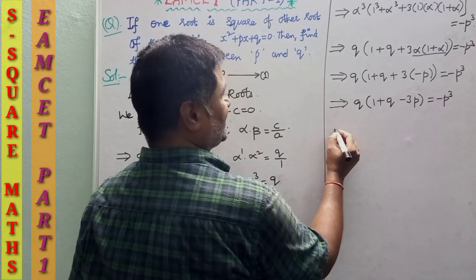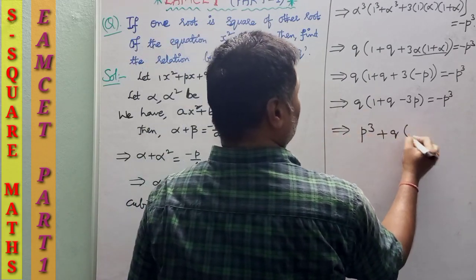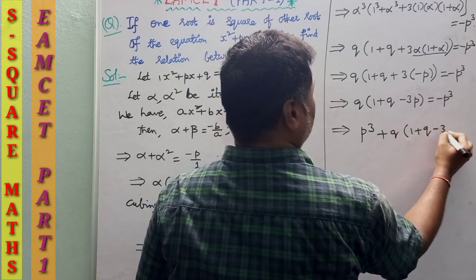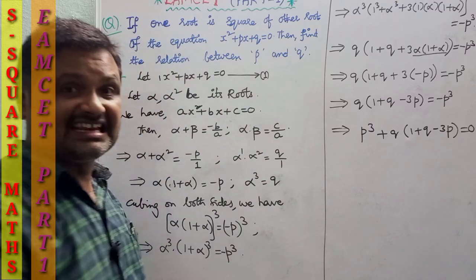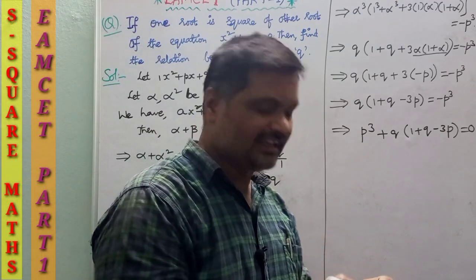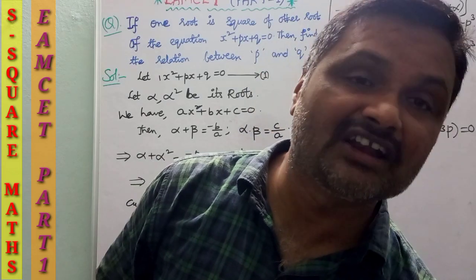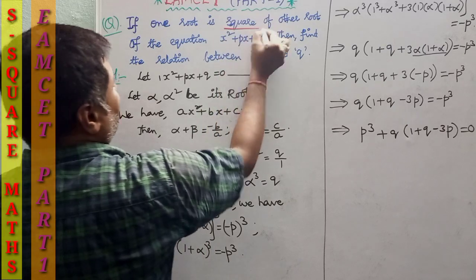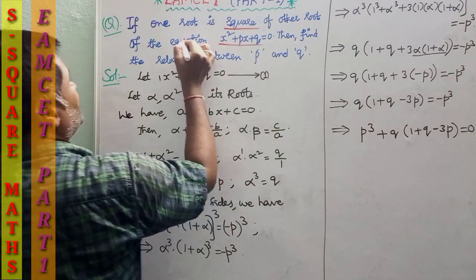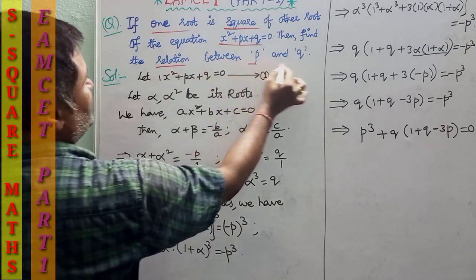Finally I can write in the standard form: p cube plus q of 1 plus q minus 3p is equal to 0. This is the relationship between p and q if one root is the square of the other for the given equation.